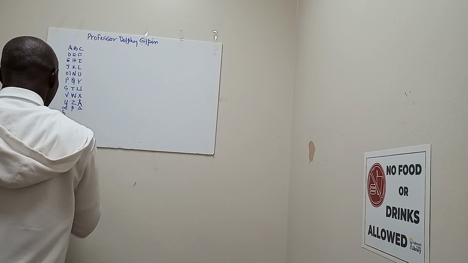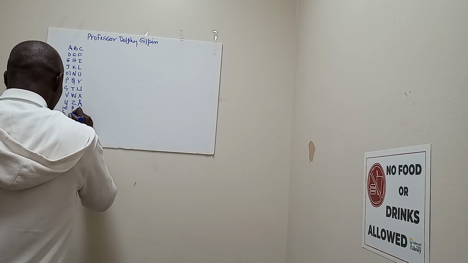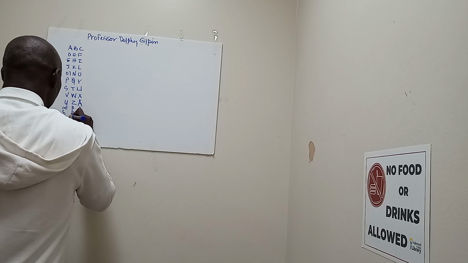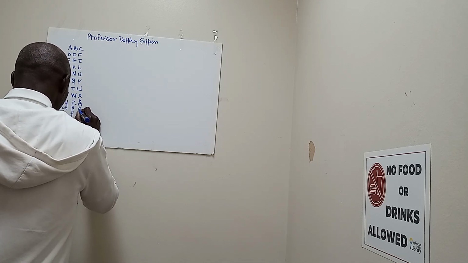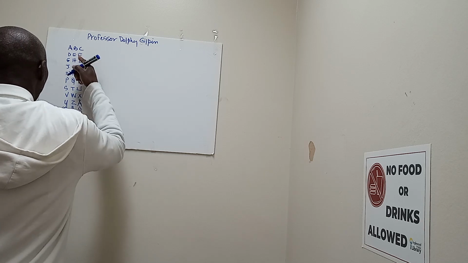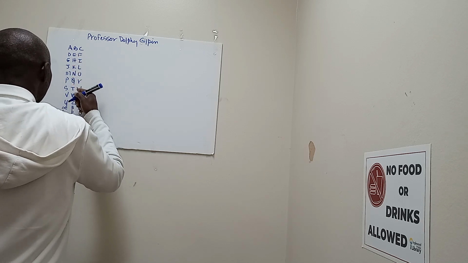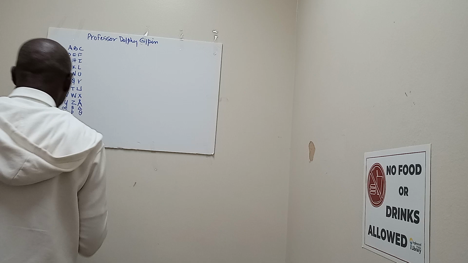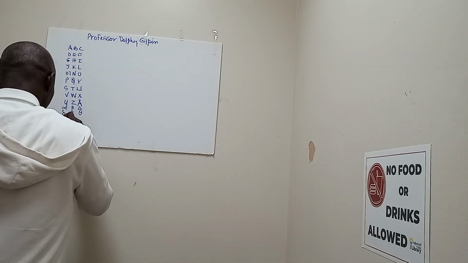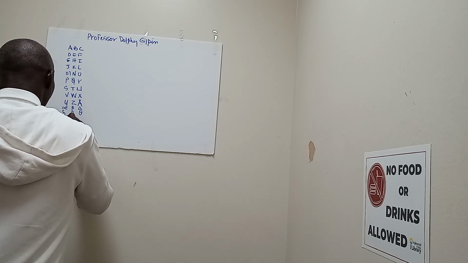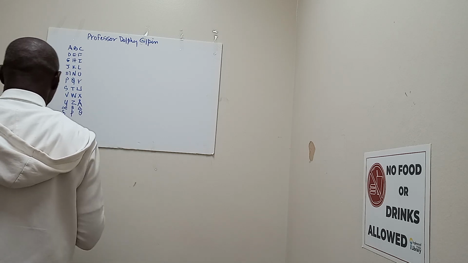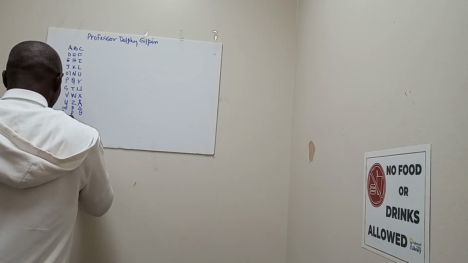We have lambda, theta. 1, 2, 3, 4, 5, 6, 7, 8, 9, 10, 11. And we have pi. Pi here is not representative of 22 over 7. It's just a letter here.